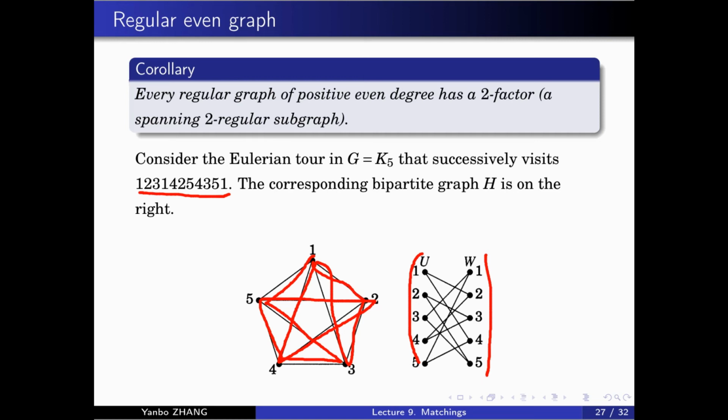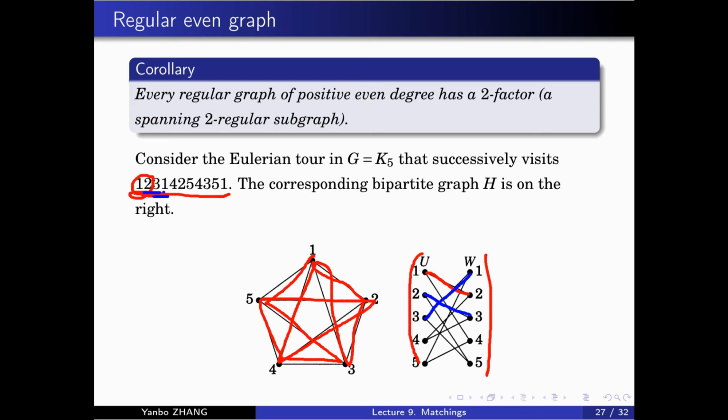There is an edge 1, 2 on the tour, so we have an edge from 1 in U to 2 in W. There is an edge 2, 3 on the tour, so we have an edge from 2 in U to 3 in W. There is an edge 3, 1 on the tour, so we have an edge from 3 to 1.